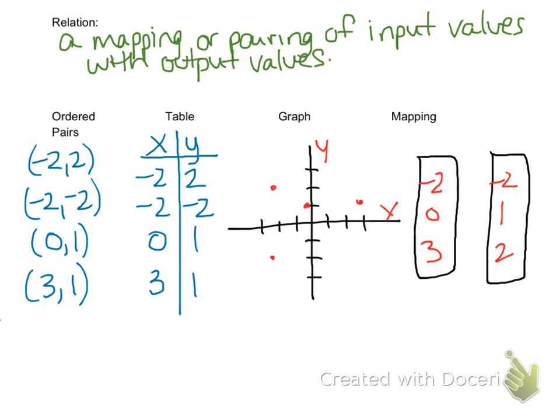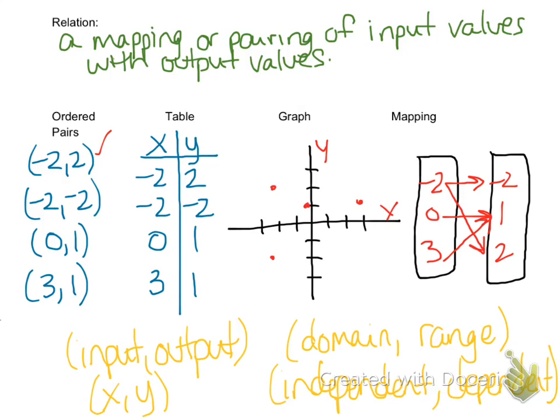For a mapping, if we look at our first one, -2 is mapped to 2, so we just draw an arrow from the -2 to the 2. -2 is also mapped to -2, 0 is mapped to 1, and 3 is mapped to 1. So the arrows basically represent what y-coordinate the x-coordinate is paired with.